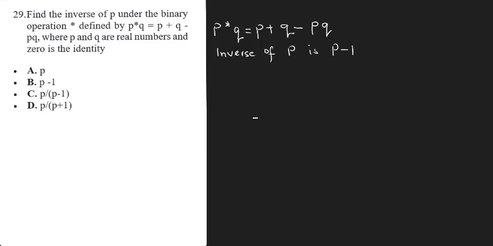So 0 is the identity. So we have the identity now, is equal to 0.